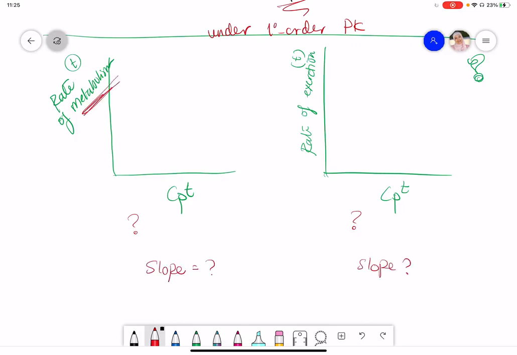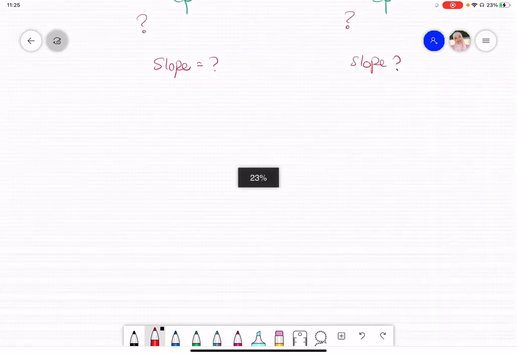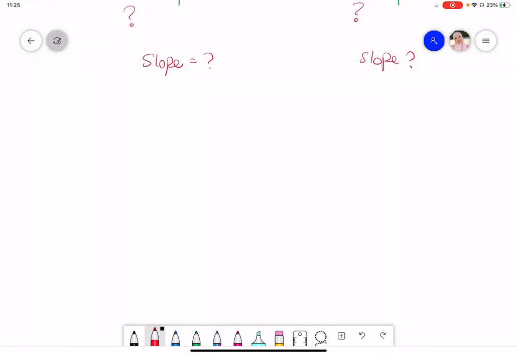Don't forget, this is metabolism and this is excretion, not the overall elimination. Just think about it and do it by yourself.